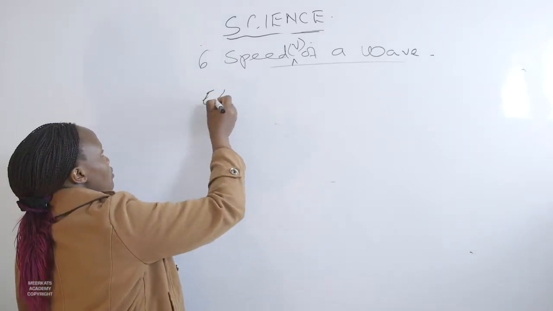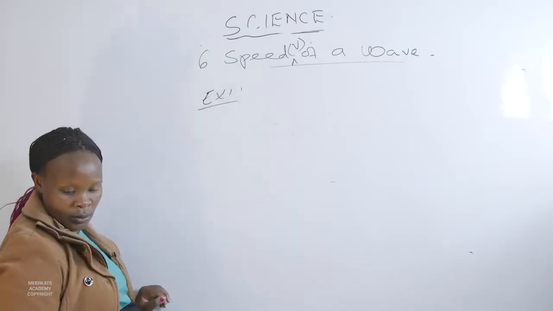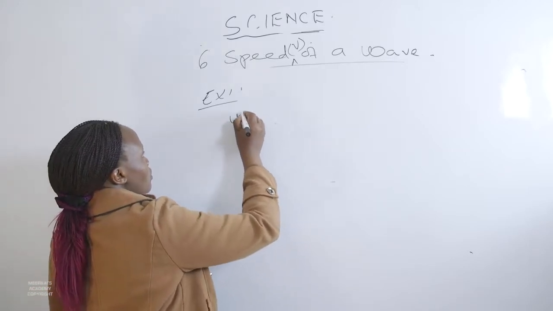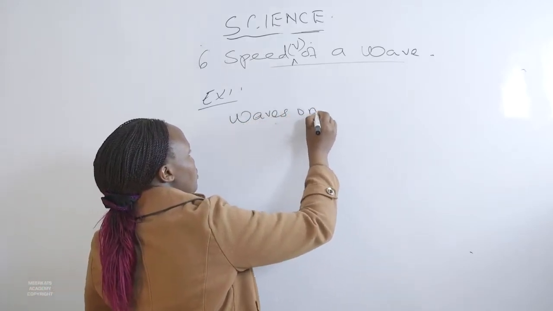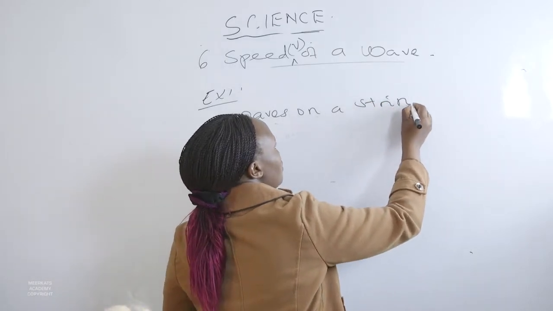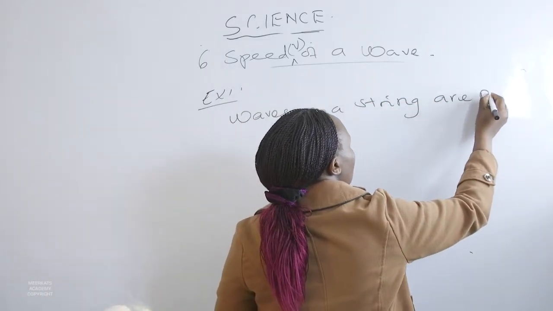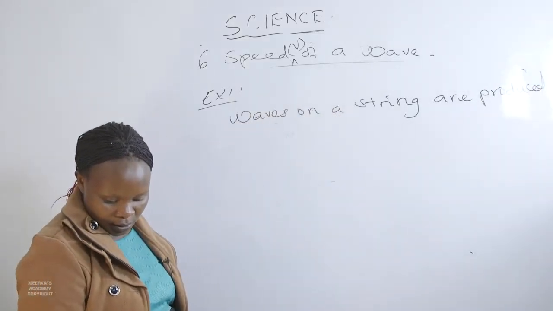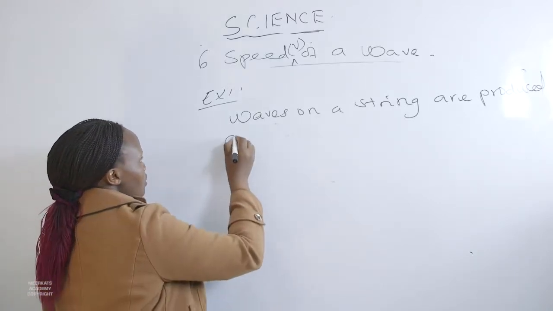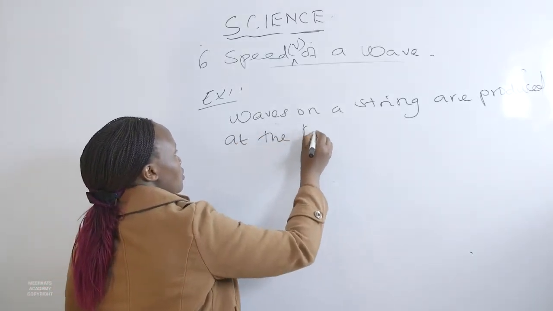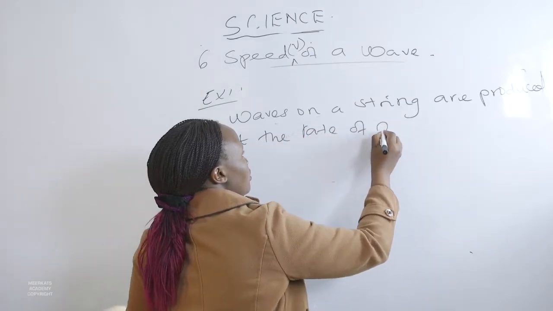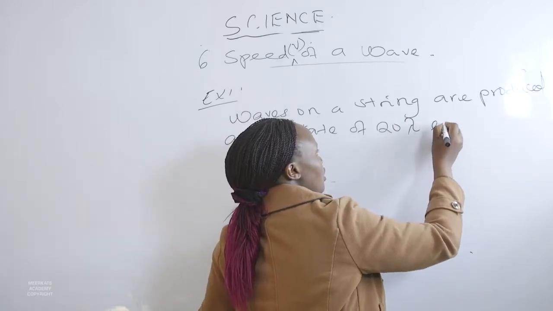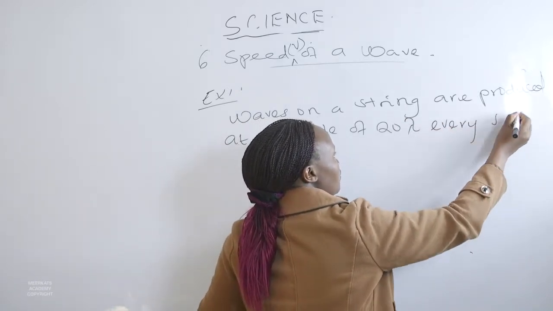Example 1: waves on a string are produced at the rate of 20 wavelengths every 5 seconds.